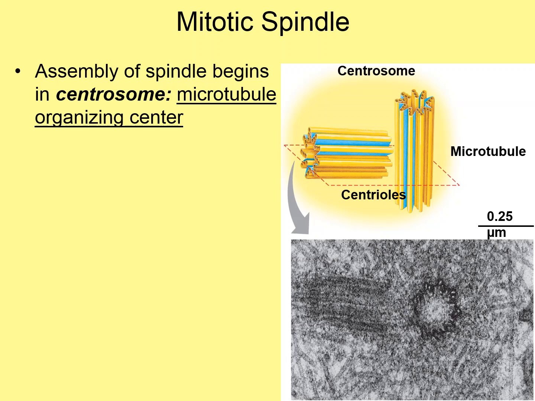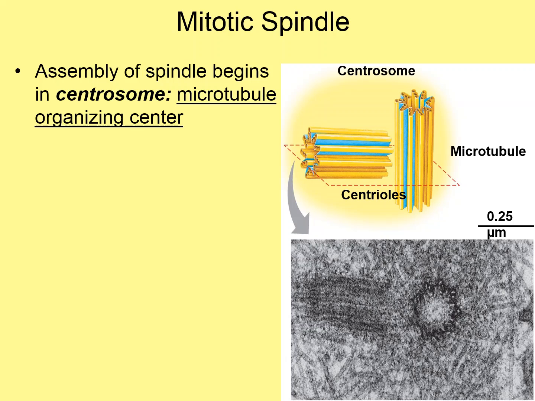So before this all begins, right, the centrosome actually replicates itself. So a centrosome is basically a region in the cell where you're organizing the microtubules to form the spindle. So you have two centrioles within each centrosome.